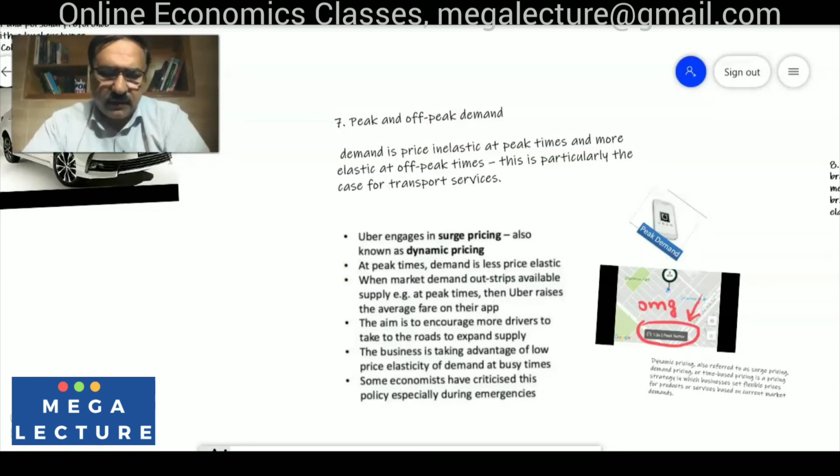Although some economists have criticized this policy because they consider it the exploitation of the consumer, Uber is using this policy, and they claim that through it they can fulfill the demand of the customers, because when the peak factor is there, more drivers bring their cars on the roads, so consumer demand is fulfilled.